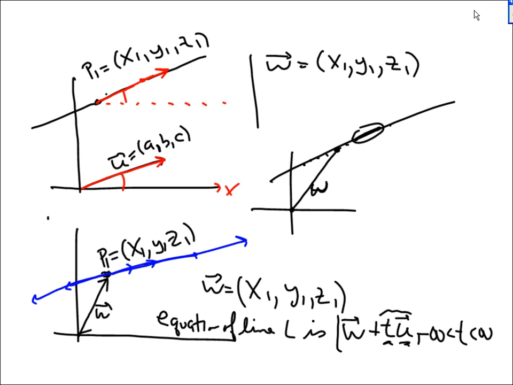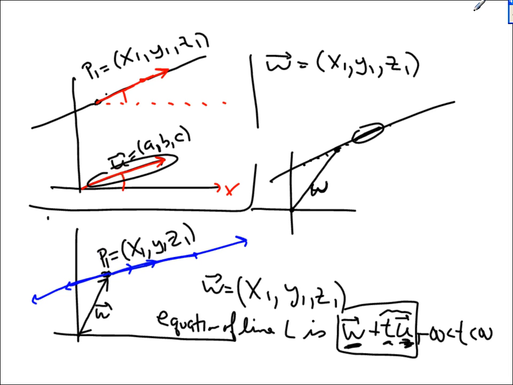So this is the equation of the line where w corresponds to a point on that line, or it's the vector that goes from the origin to a point on the line, and u is the direction. So we just needed a point and a direction. In the first graph, I had my directional vector, and I had a point. And in the end, just using those 2 pieces of information, I found the equation of the line.